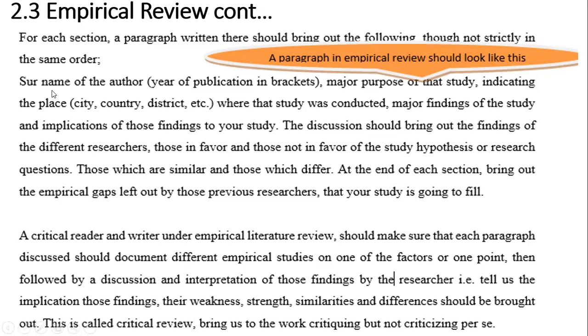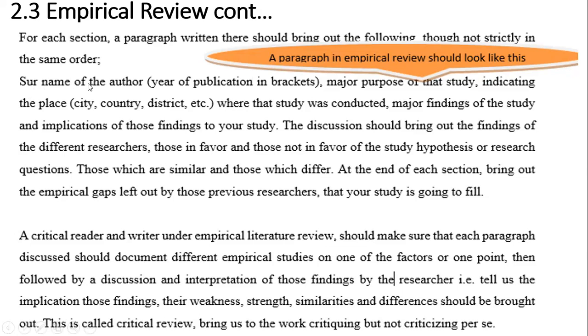Now, this is the picture of how an empirical review paragraph may look like. In this paragraph, we simply mentioned the elements of your empirical review paragraph. Each paragraph you write is presenting a particular point of findings.